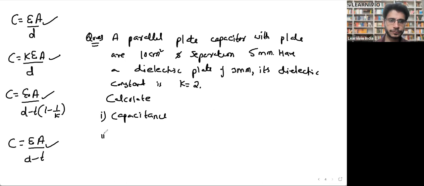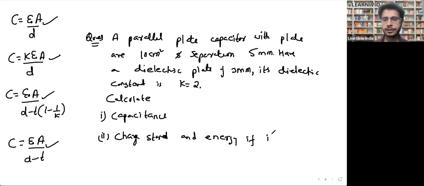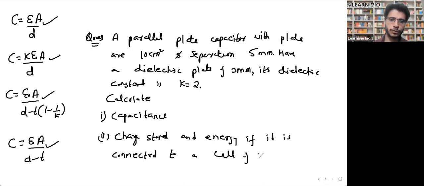Second part, the charge stored and energy if it is connected to a cell of 100.